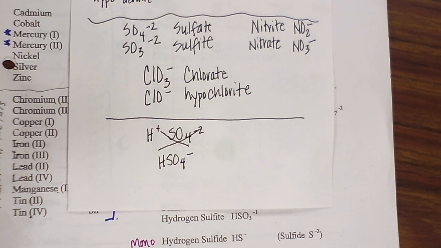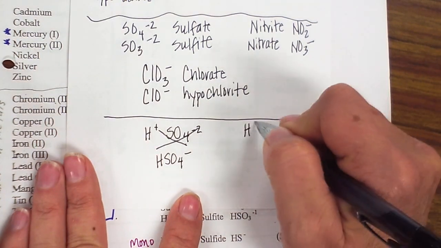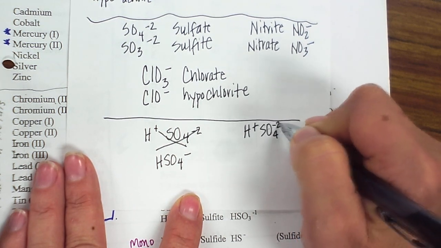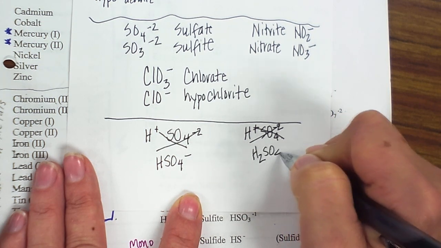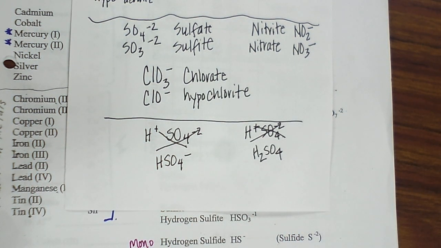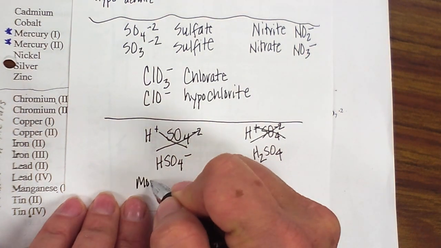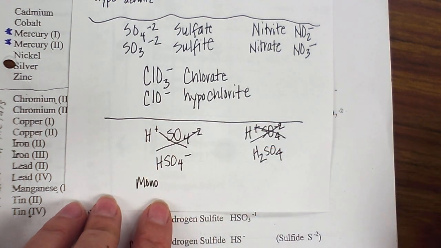Because I had a minus 2 charge, I added 1 hydrogen to it, which is a plus 1, so I still have a minus 1 charge. Everybody okay? Now, we don't want to call this hydrogen sulfate, because hydrogen sulfate would be this. I would take H plus and SO4 minus 2, and I would crisscross, and this would be hydrogen sulfate. See that? But I don't want to do that. So instead, I'm going to call this mono, and I know we said don't call it mono, but this is different because this is not a compound.